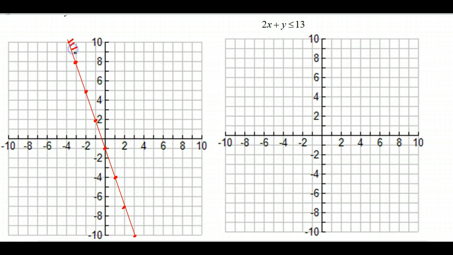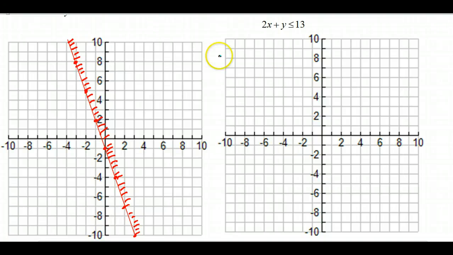Okay, but see how I'm putting just a tiny little bit of shading above the line? Everybody do this with me. Do not shade in the entire side of the graph. Just put a little bit of shading on the above side of the line, like this. Okay? We will not shade in a whole area until the end.